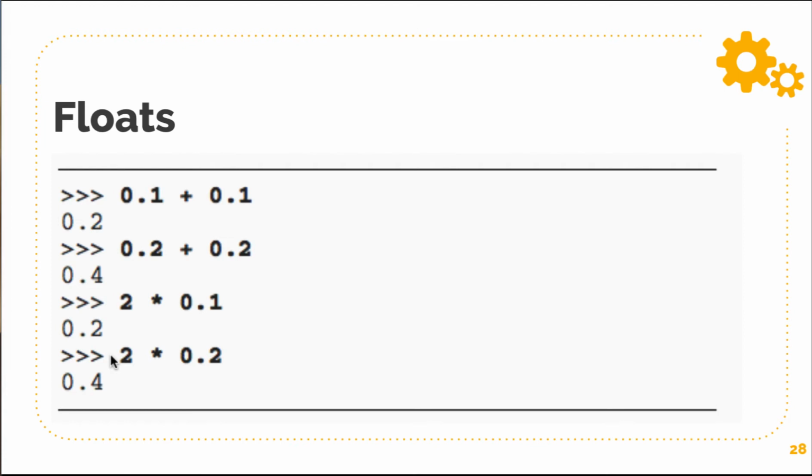You don't care so much because you're not writing a programming language. So for the most part, you can use decimals without worrying about how they behave. Simply enter the number you want to use, and Python will most likely do what you expect. And here are some examples of Python doing what you would expect.